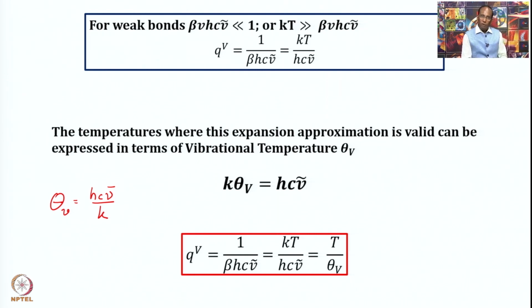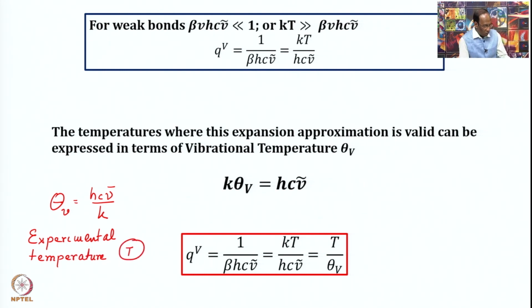You calculate this theta V, and on the other hand, we have, let us say, the experimental temperature, which is T. Now, if the experimental temperature T is higher than theta V, then you can use this approximation.